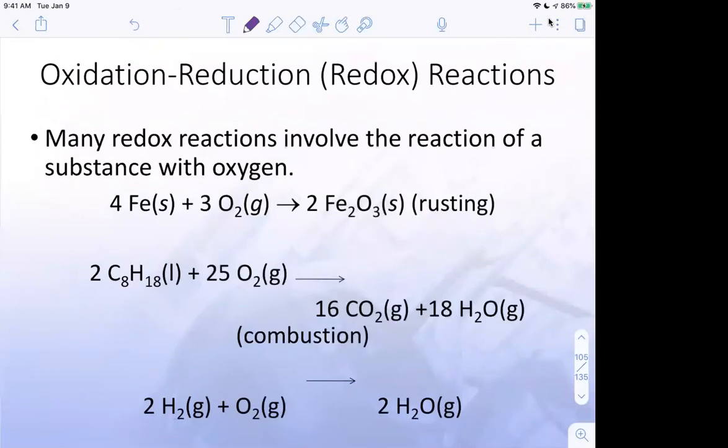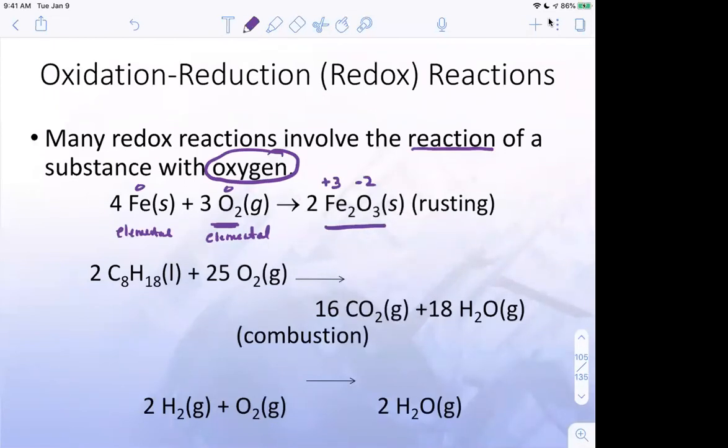So many times redox reactions involve the reaction of a substance with oxygen. So notice here, iron metal is reacting with oxygen. Now remember, oxygen is in its elemental state, and iron is in its elemental state. So these both have 0 charges. But here, my O is -2 and my iron is +3.